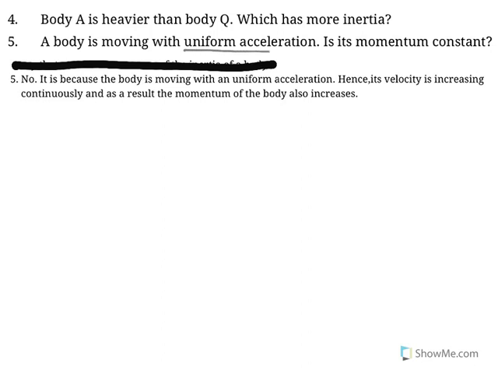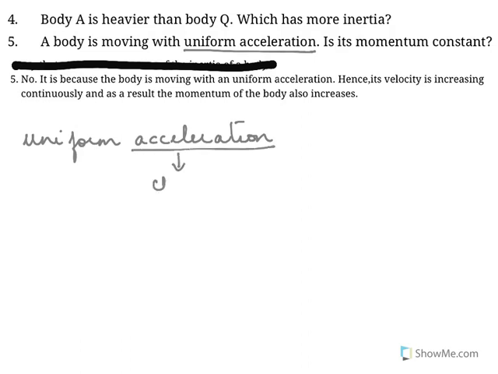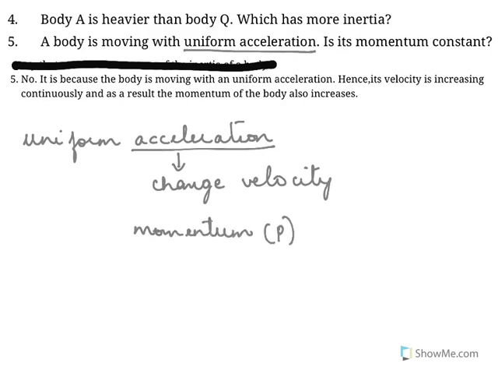A body is moving with uniform acceleration. Is its momentum constant? Now when they say uniform acceleration, the very fact the body is undergoing acceleration means there is a change in velocity. If there is a change in velocity, there will be a change in momentum, because we know momentum, which we put as P, is mass into velocity.